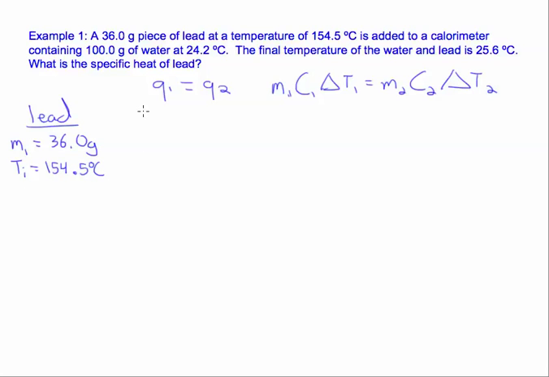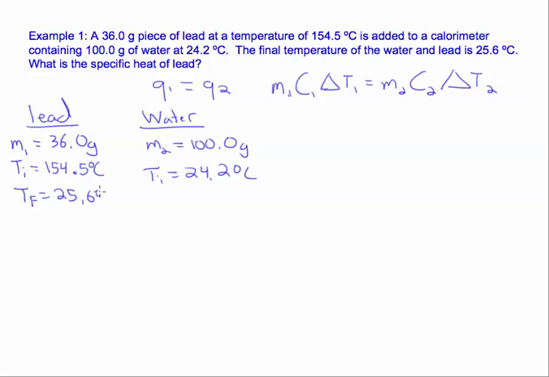Let's put some information about our water over here. M2 is 100 grams. Its initial temperature is 24.2 degrees Celsius. The final temperature for them both is 25.6 degrees Celsius.